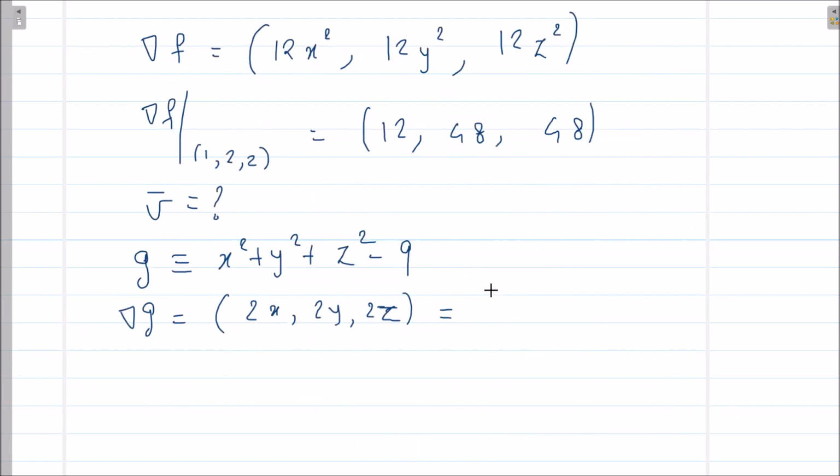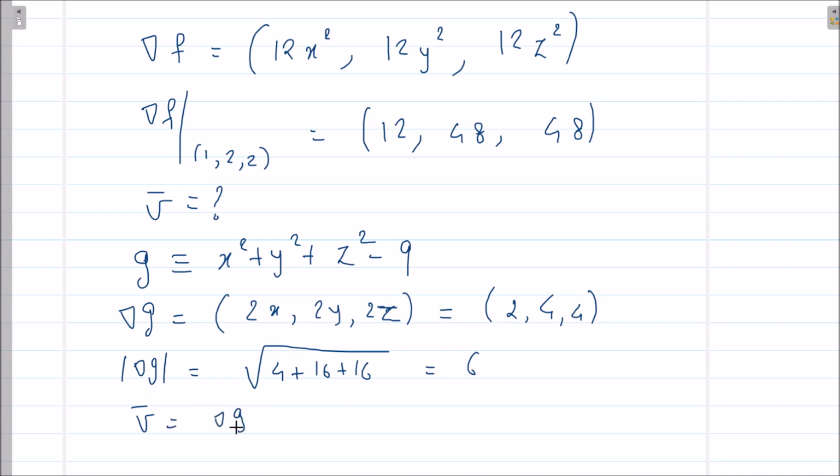So if I substitute (1, 2, 2), I have (2, 4, 4). And when I divide by its length, mod of grad G, it is square root of 4 plus 16 plus 16, which is nothing but 6. So your v bar is nothing but gradient of G upon mod of grad G, which is 2 by 6, 4 by 6 and 4 by 6.